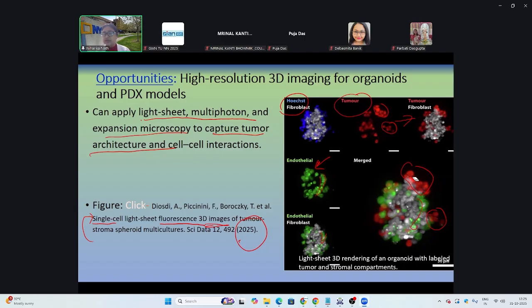Glucose and oxygen are less on the inside. And so this is an opportunity, and nothing has probably been done on this yet, but these people have been able to do it in an organoid, and hopefully this can be done in a patient-derived model.